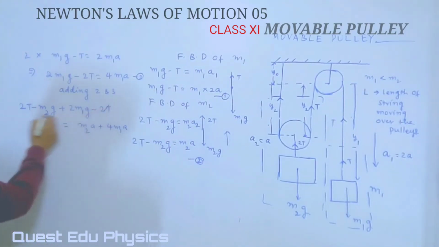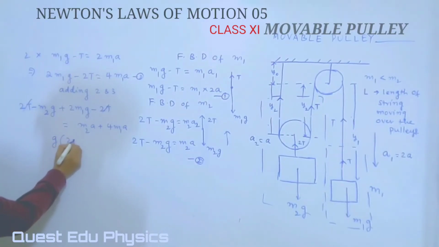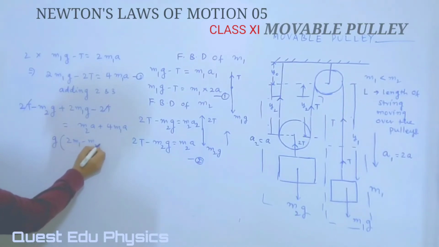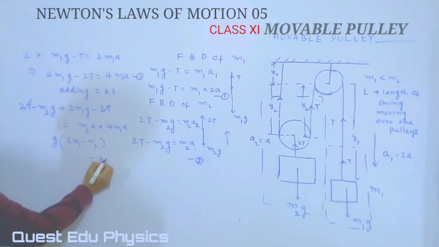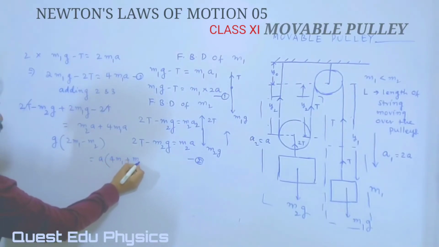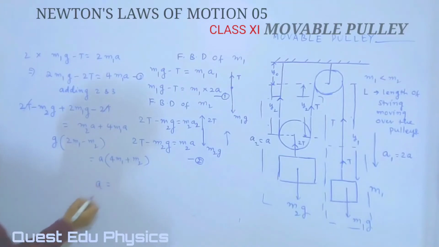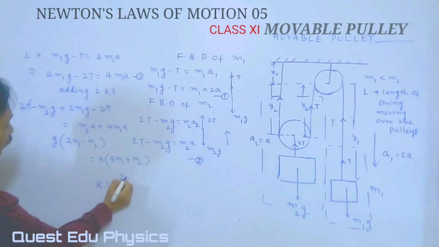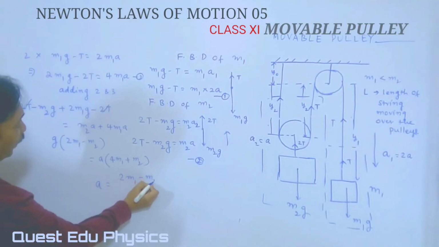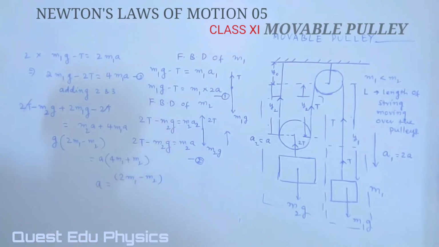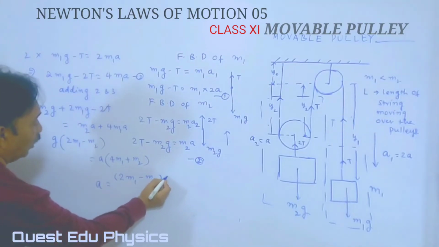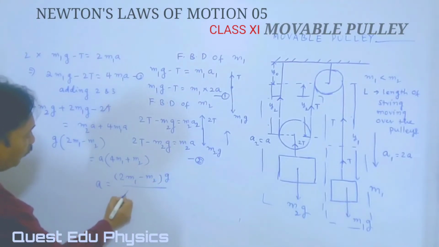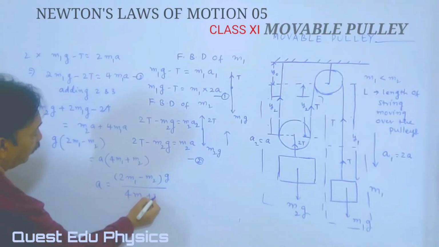Then what you get? Here T gets cancelled. g of 2M1 minus M2 is equal to a of 4M1 plus M2. And we get the acceleration. Acceleration of the system is 2M1 minus M2 of g by 4M1 plus M2.